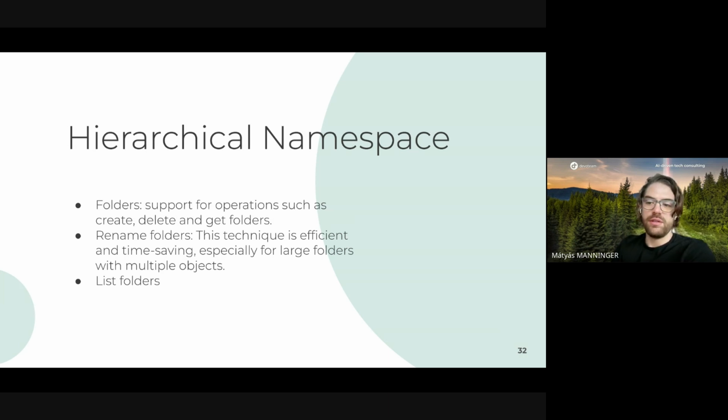And the last cloud storage announcement that I have is the hierarchical namespace. And this is also a pretty interesting one. So if you were not aware, previously your cloud storage didn't have folders.